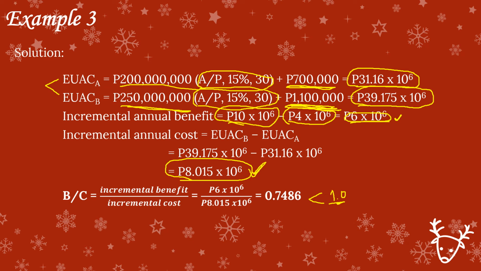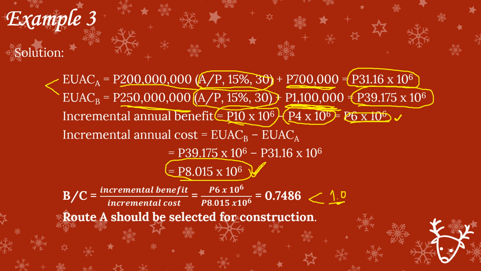Therefore, you will not go for the one that has a larger investment, because it has a small benefit cost ratio. Therefore, you would go for the one that has minimum investment, which is route A. Okay, so route A should be selected for construction.